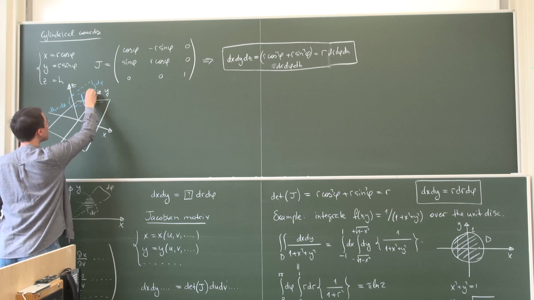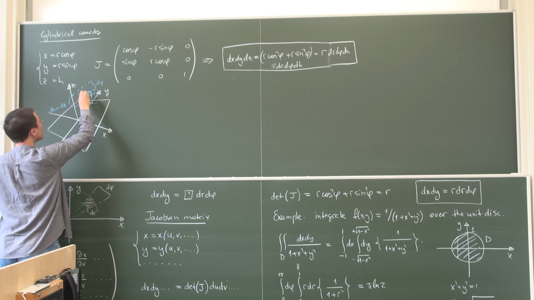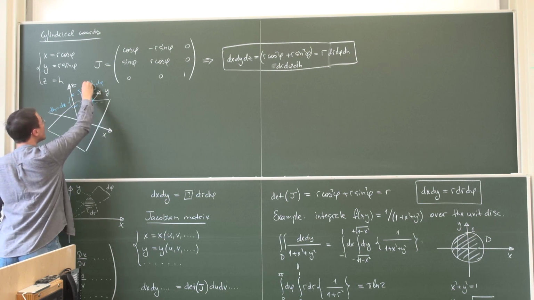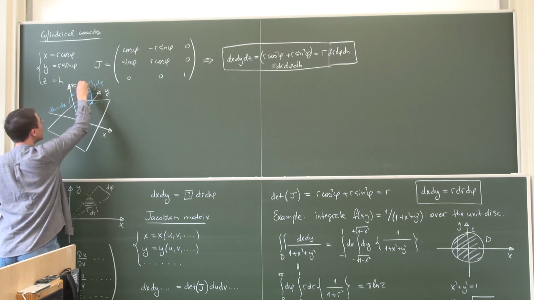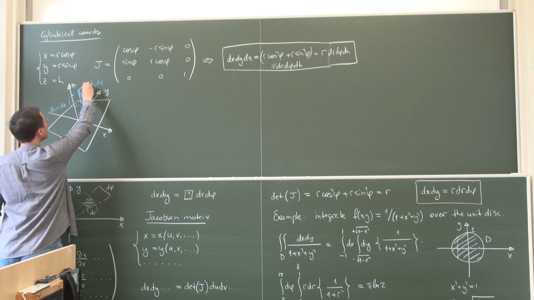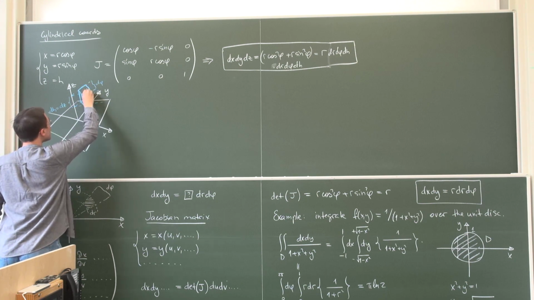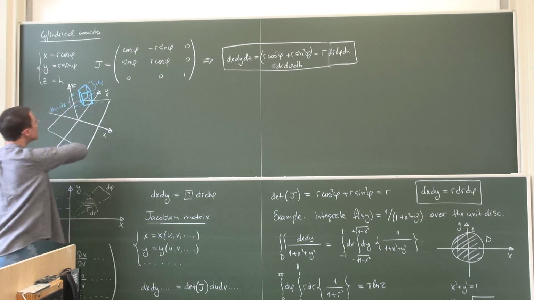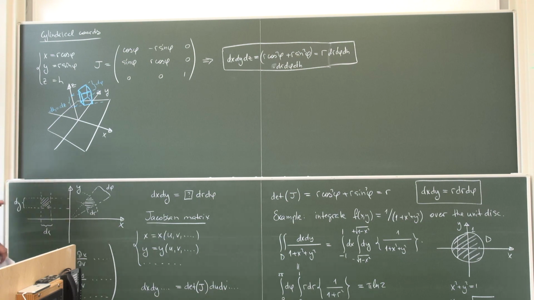So we can actually now draw the little volume element that we have. It looks like this. So this is our cylindrical volume element.